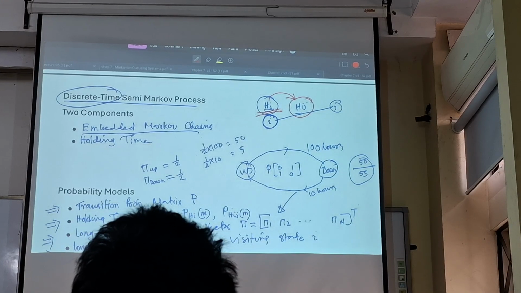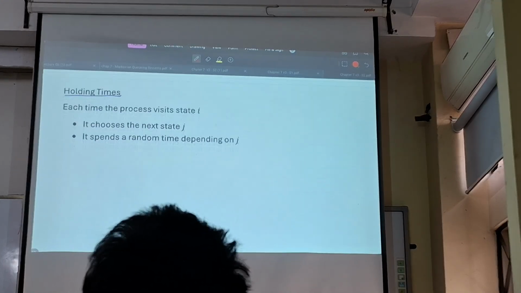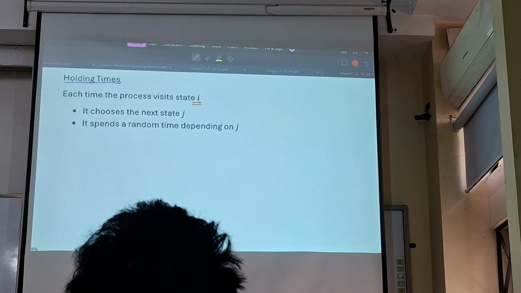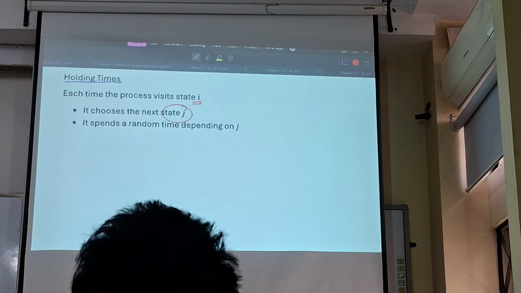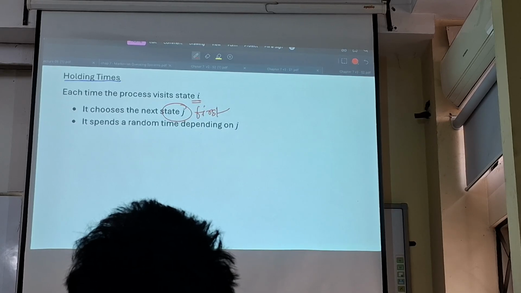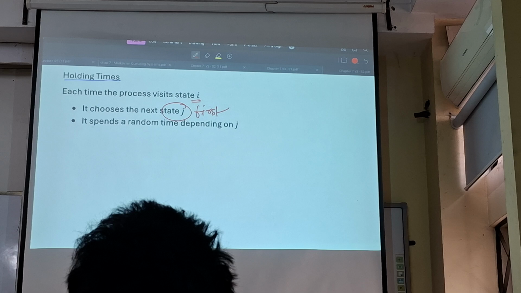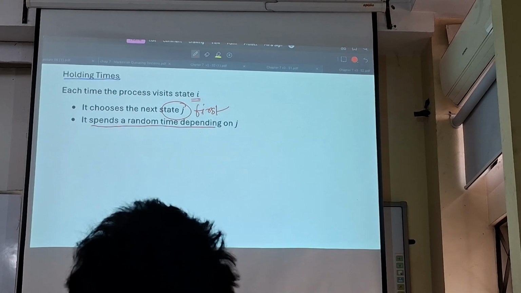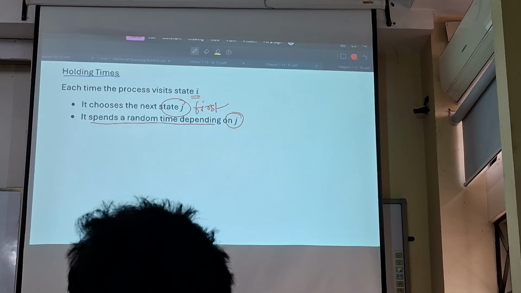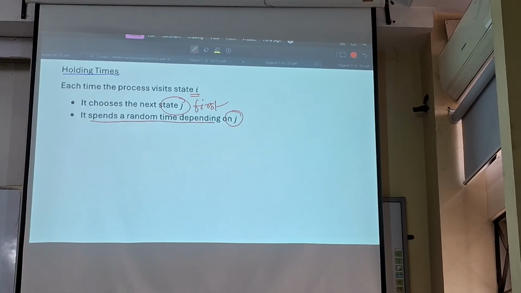If we just see the definition, each time the process visits state I, it chooses the next step first. It is right. It chooses the next step first. Then it spends a random time depending on J. So whenever the process moves on to state I, it will decide what will be the next state.